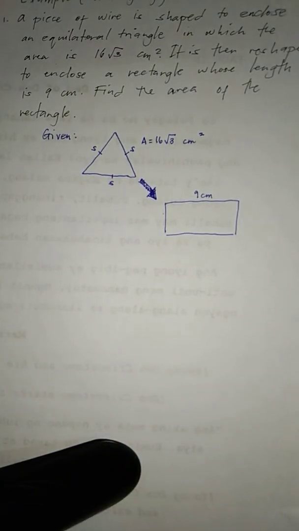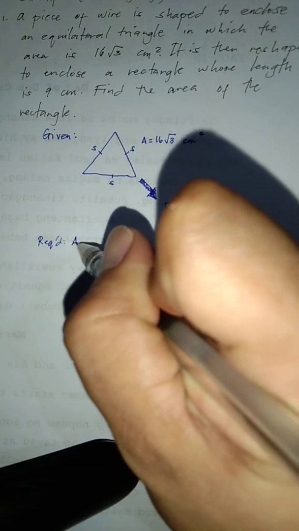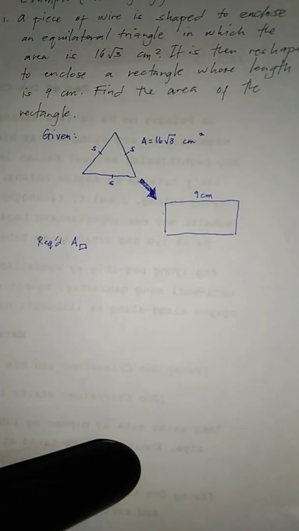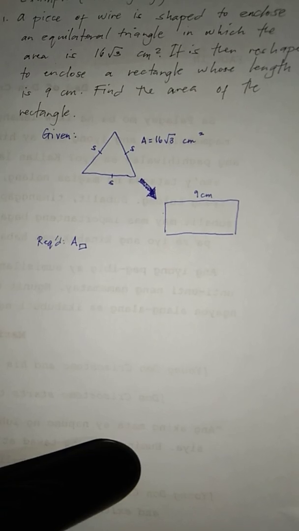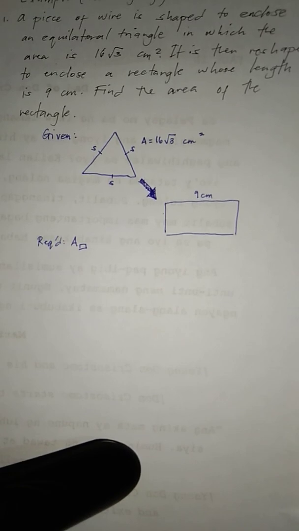So the problem requires us to find the area of the rectangle. Let's denote the area of the rectangle as A with a subscript rectangle, to indicate that what we are looking for is the area of the rectangle, since there are 2 objects here.